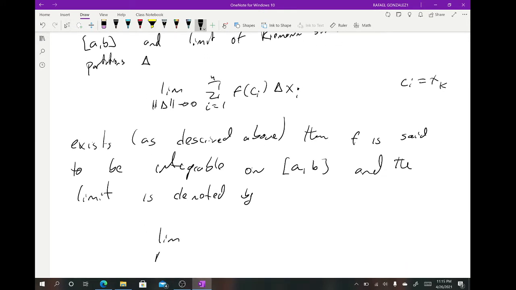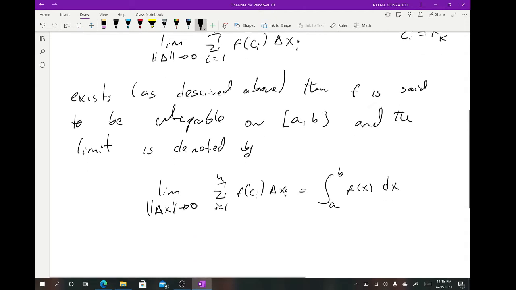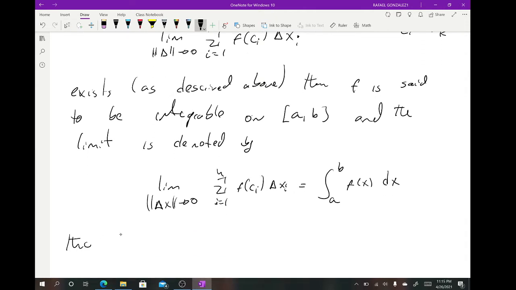Limit as the norm of delta x goes to 0 of the sum from i equals 1 to n of f of c_i times delta x_i is equal to the definite integral from a to b of f of x dx.